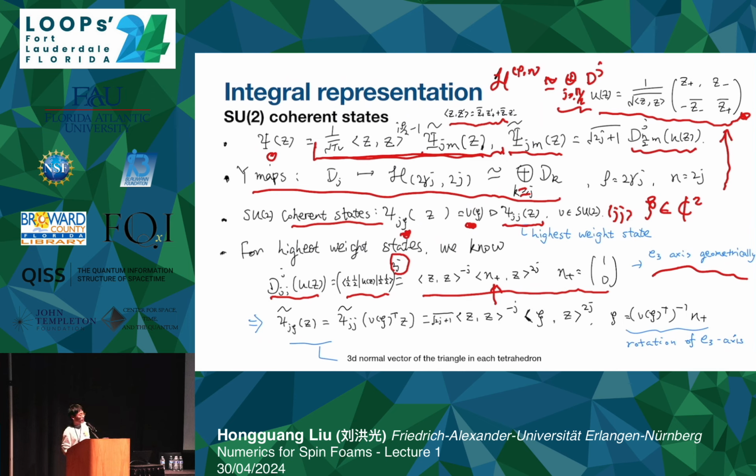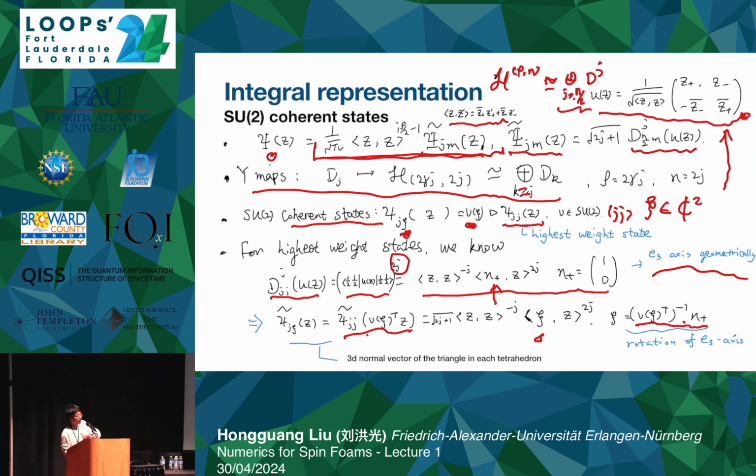This spinor tells you that it corresponds to a normal along the z-axis. Then, with the definition of the coherent state, we write out the SU2 coherent state. Now we know the action onto these homogeneous functions is just the group element multiplied by z, and this z transforms to a new spinor. This is exactly the transformation by the group element, SU2 multiplied by this spinor.